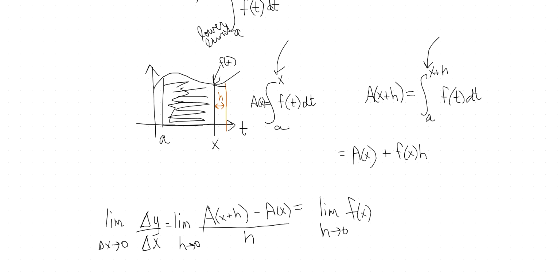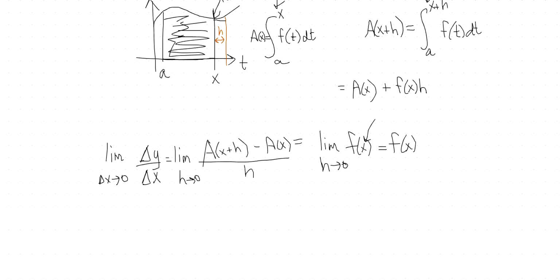On the right side, we can simply evaluate this as f of x, because the limit does not affect the variable x. H is the slider here, not x, so this is essentially the same as f of x. Very good.